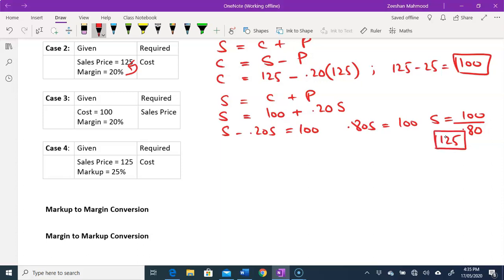Now in case 4, we're given the selling price and the markup and we're required to calculate the cost. So I will use the equation again. S is equal to C plus P. Selling price is given, so I will put it here. Cost is unknown, so I will just write C. We can replace this with X or Y, but we denote it by C. Now markup is 25%, and this markup we know conceptually is a percentage of cost.